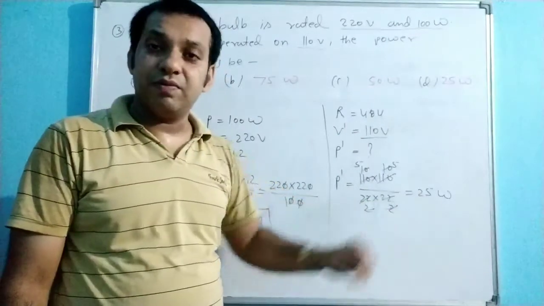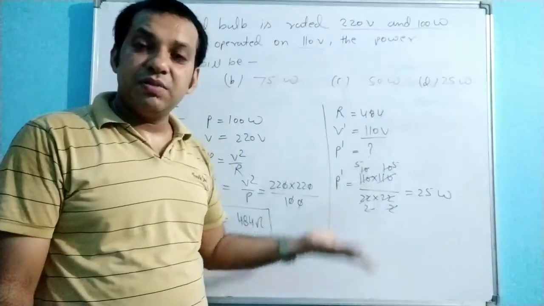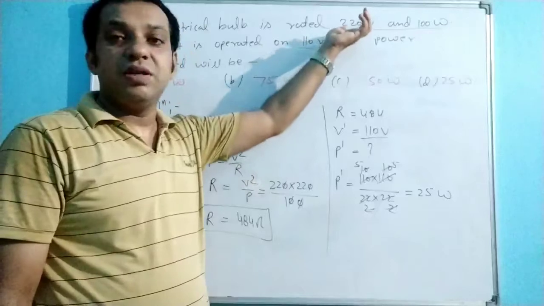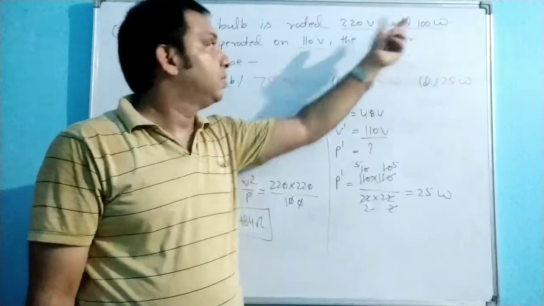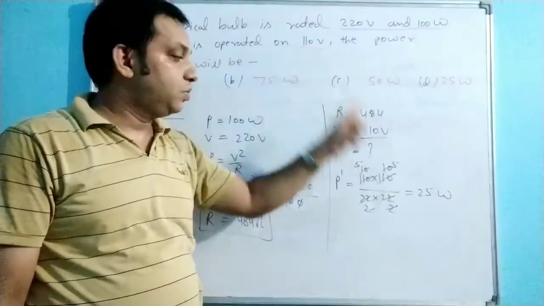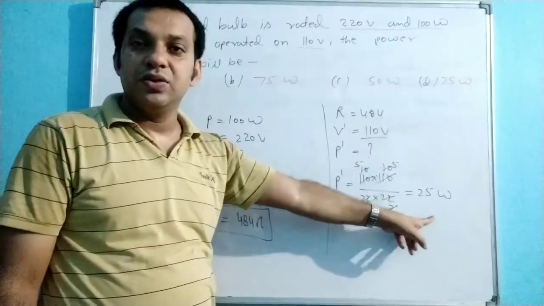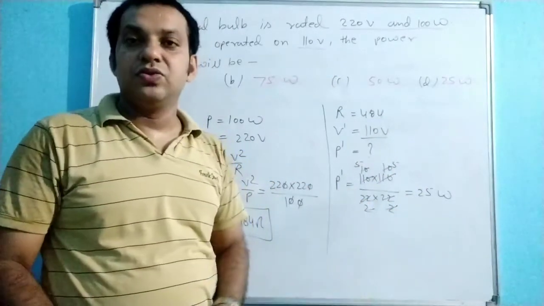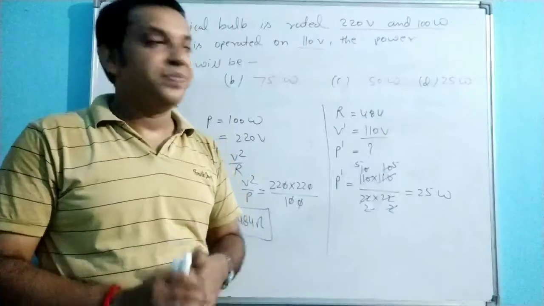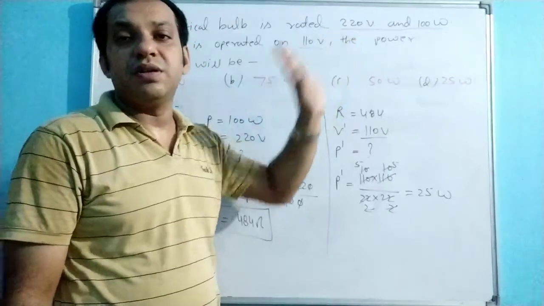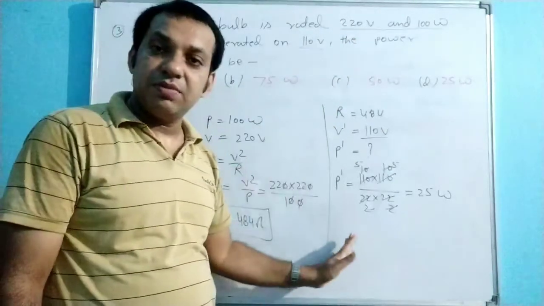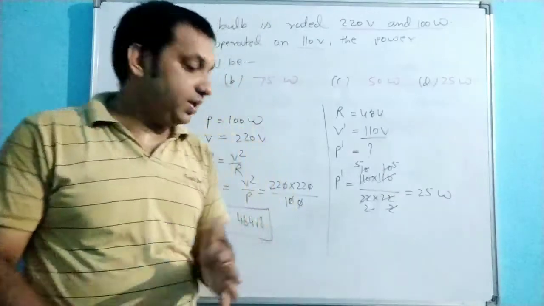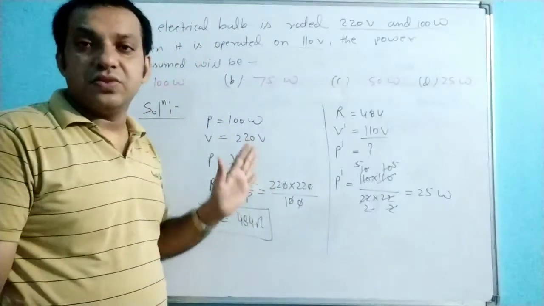So whether it is obeying the unitary method: 220 volt consuming 100 watt, then 110 volt is consuming 25 watt. Right? So it is not obeying the unitary method. Mostly students are making the mistake of just following the unitary method. Right? So it is not the unitary method. If the power rating is given, then the value of the resistance is known.